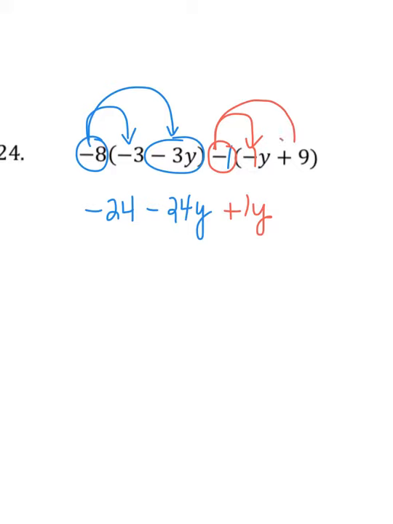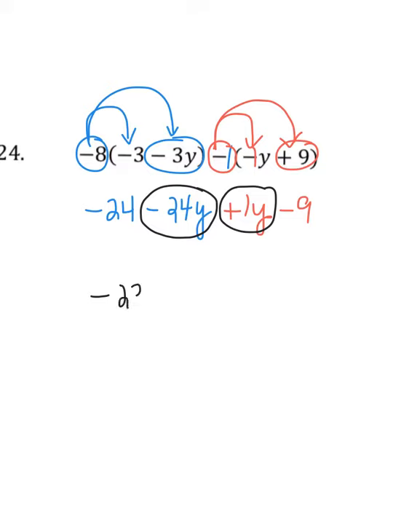Negative 1 times a positive 9 is going to be a negative 9. Negative 24y plus 1y will be a negative 23y. Negative 24 minus 9 is going to be a negative 33.